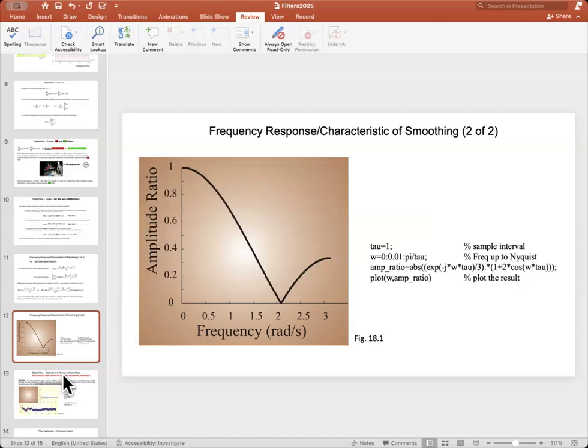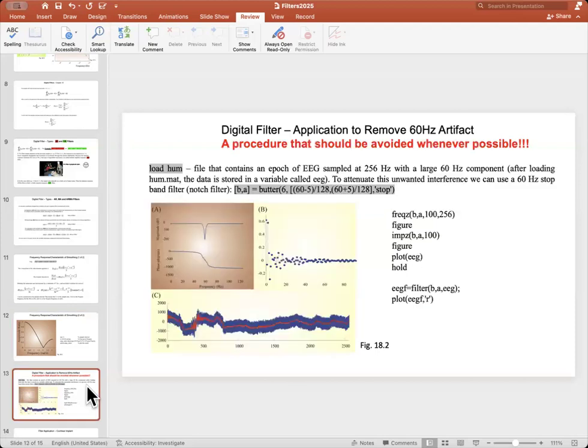Now, MATLAB has really nice tools to make and evaluate filters, and that is an example that I give in chapter 18, figure 18.2. Here I'm using a filter to do something that you actually should not be doing, which is to get rid of 60 cycles. As I told you several times already, it's not such a good idea.